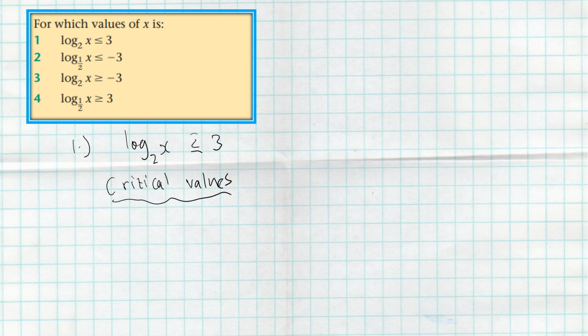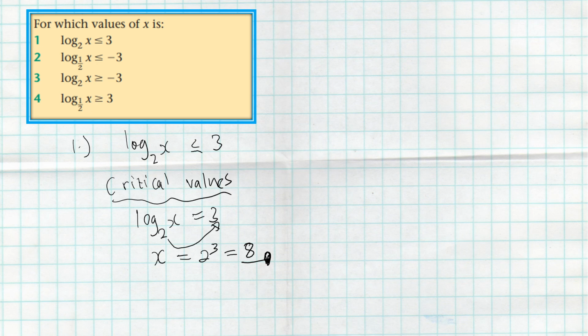So assume here there's an equal sign, and if there's an equal sign, how would you solve for x? Don't forget that rule, x equals to 2 exponent 3. This will be equal to 8. So that's your critical value, right?